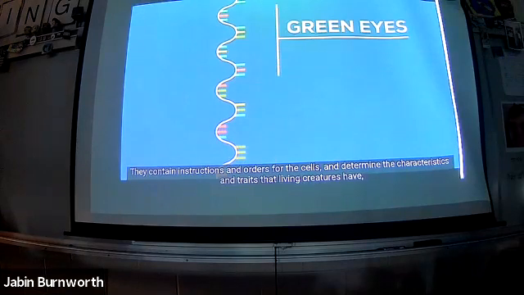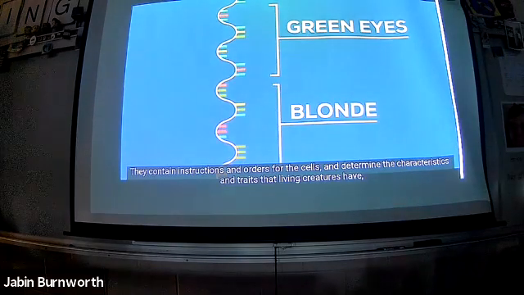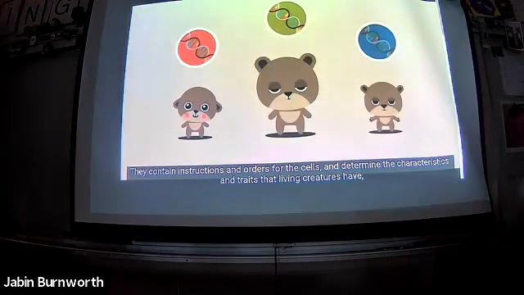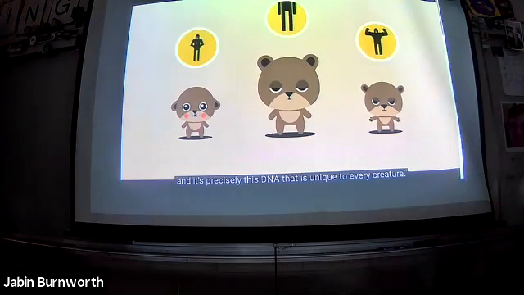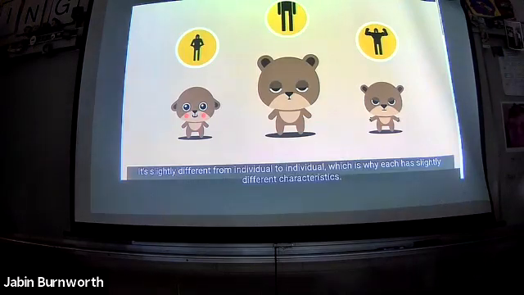They contain instructions and orders for the cells and determine the characteristics and traits that living creatures have. And it's precisely this DNA that is unique to every creature. It's slightly different from individual to individual, which is why each has slightly different characteristics.